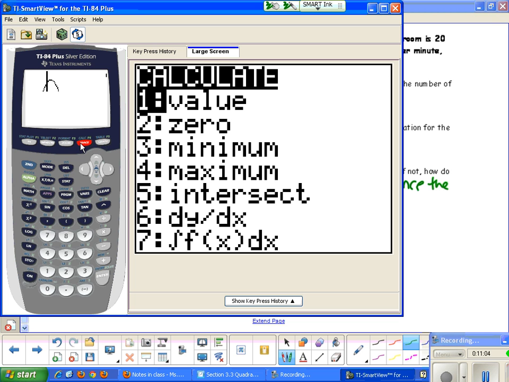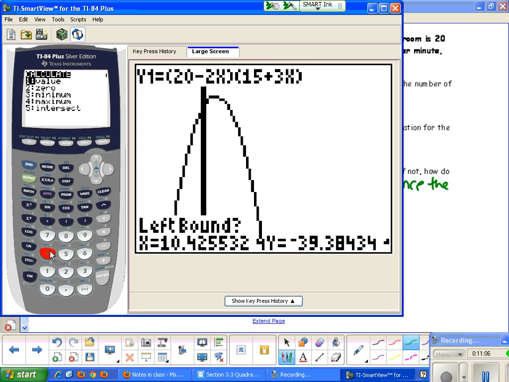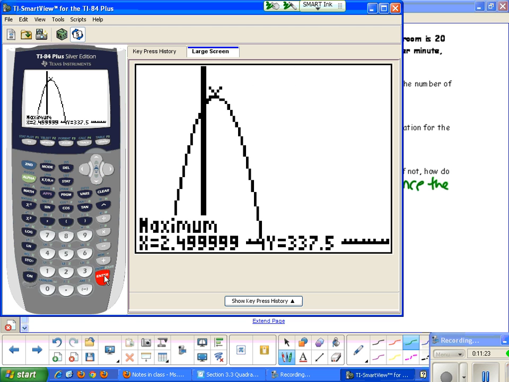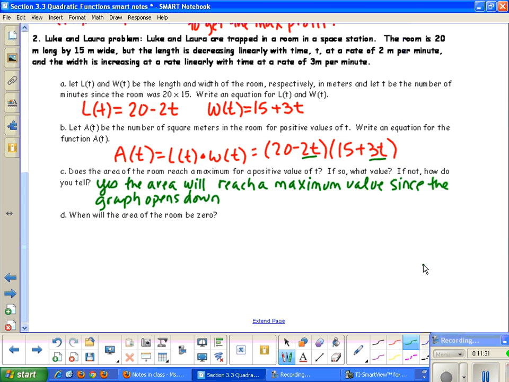And then second trace, maximum value is what I'm looking for. So I want something to the left, enter, and then to the right, enter, and then enter. And notice you get your maximum is 2.49999, so 2.5, and then 337.5.